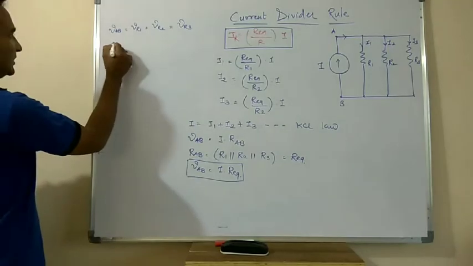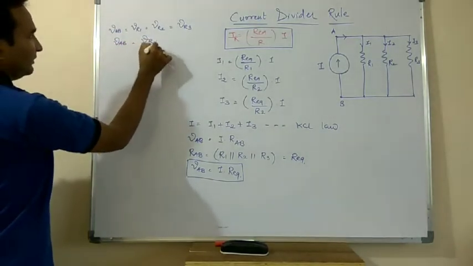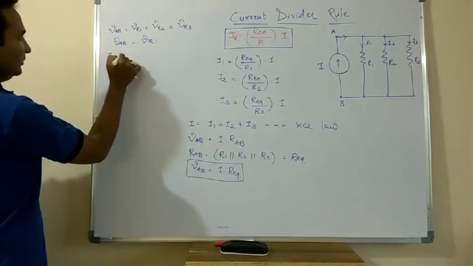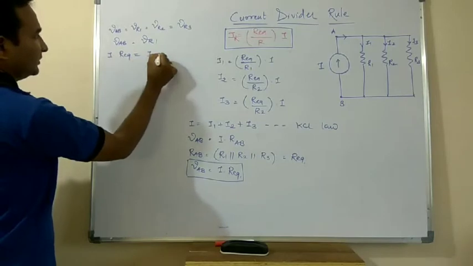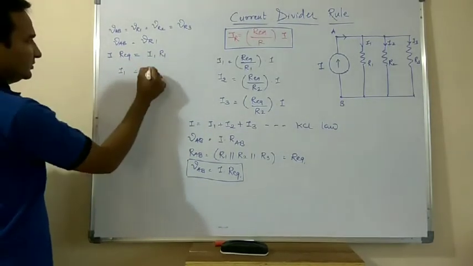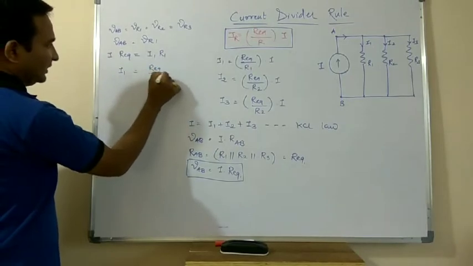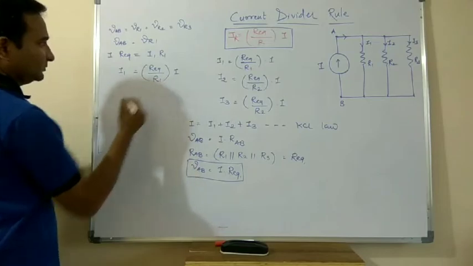So in the first case, VAB is equal to VR1. I into R equivalent is equal to I1 into R1. So I1 is equal to R equivalent divided by R1 into I.